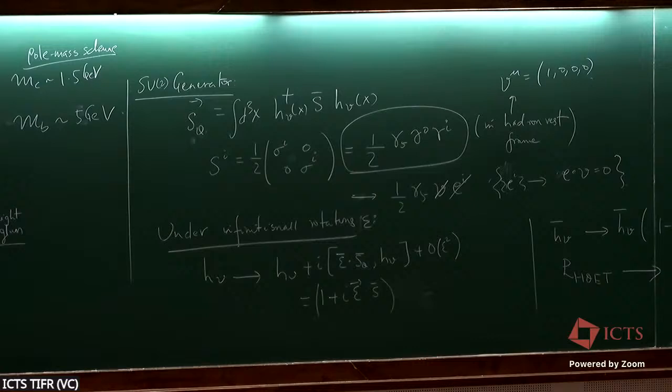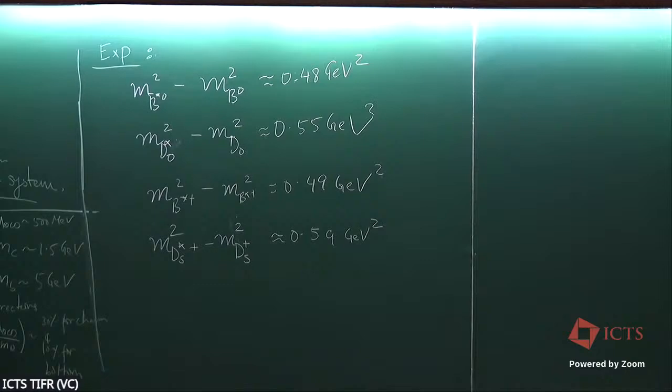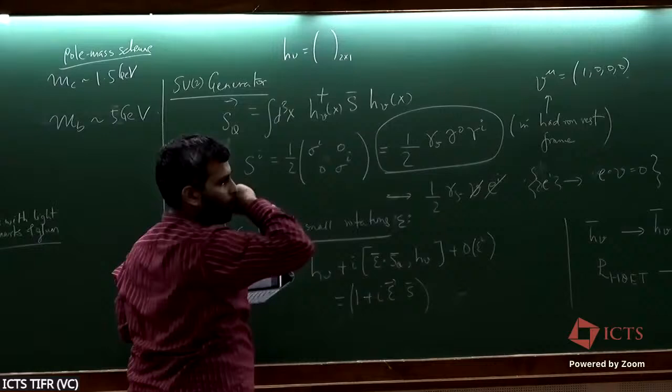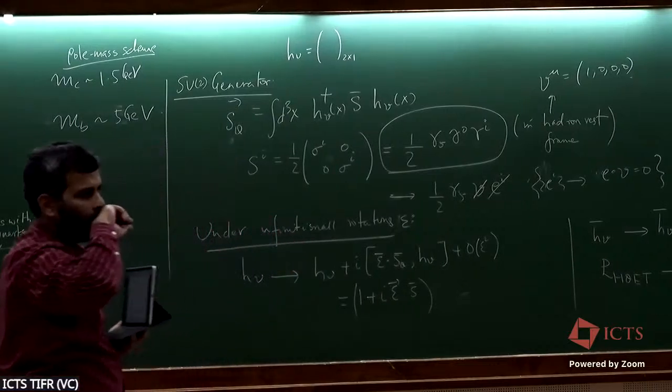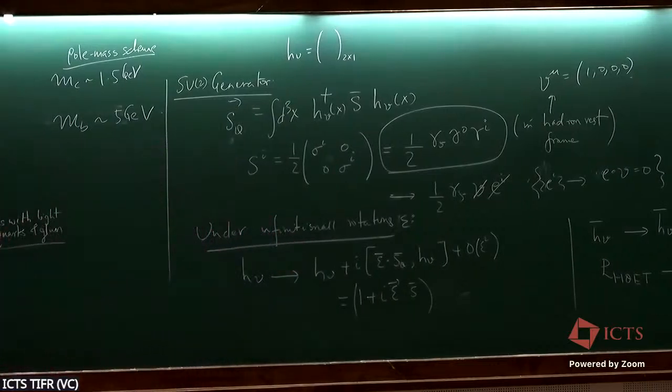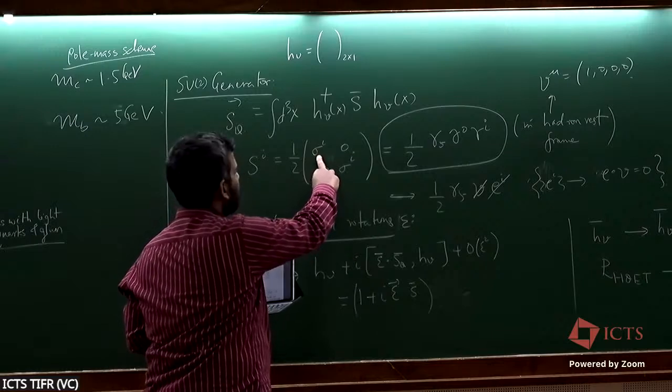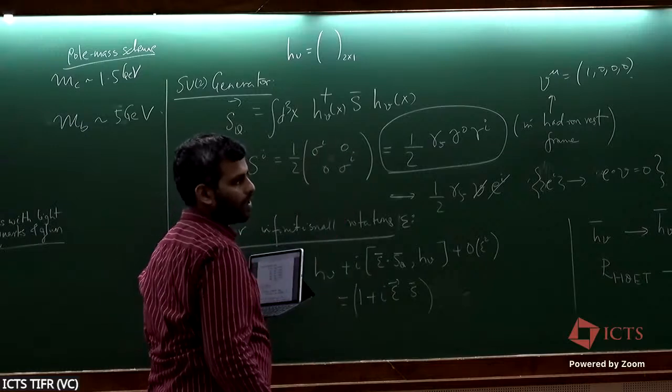HV is a row in that direction, sorry, a column in that direction, right? So HV, that is a row. So no, the thing is, HV is like a Pauli spinner with 2 cross 1. This is the reason using this, I got rid of the 4. You can think of in terms of, I mean, if I expand this S and expand this Pauli spinner, then I also will have a 4 cross 4 structure.